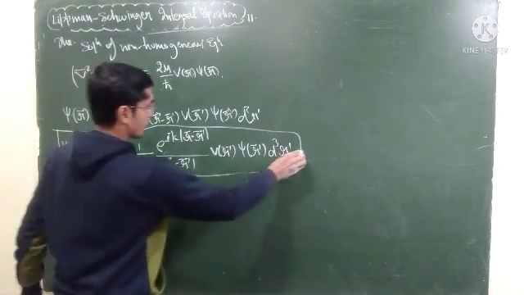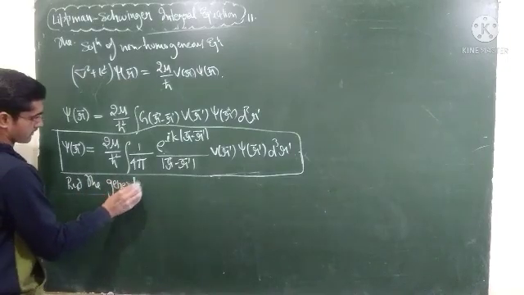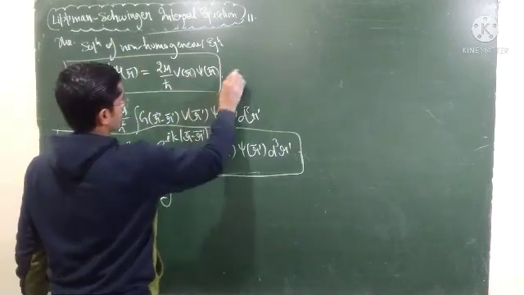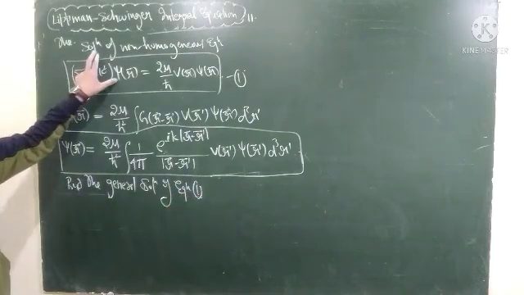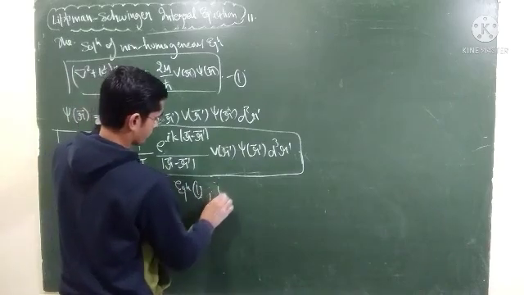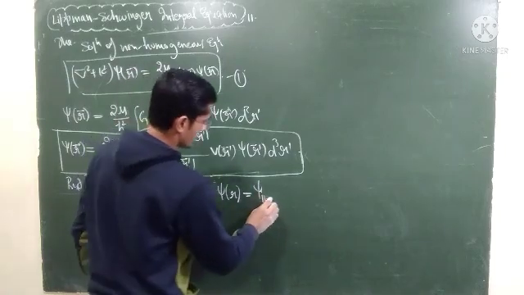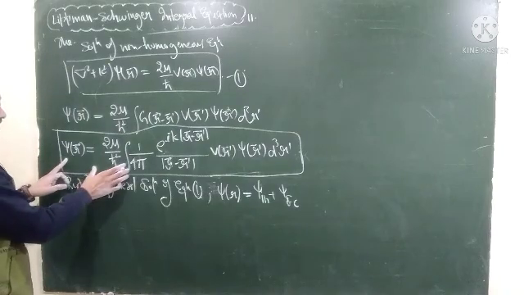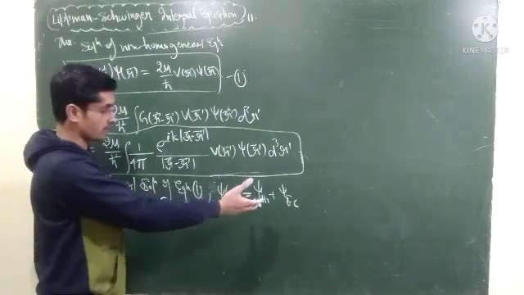The general solution, right? Let me call this particular equation equation 1. So the general solution of equation 1, which was the main equation that we are trying to solve, is, because this is just psi of r, we can write it as the sum of the incident wave plus the sum of the scattered wave, right? So this particular solution is the scattered waves, and the incident waves, we already know, are the plane waves.